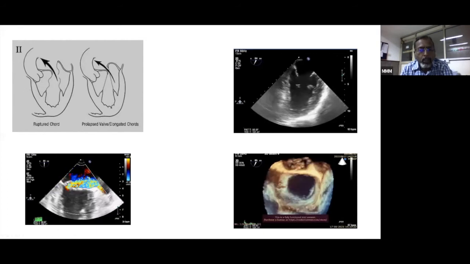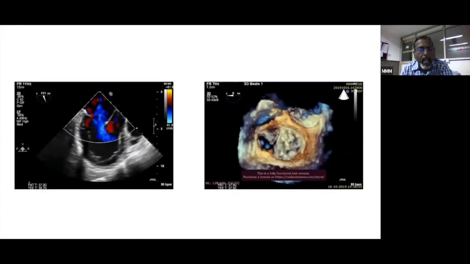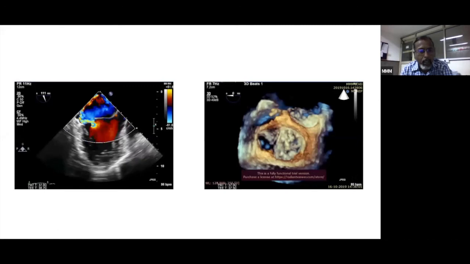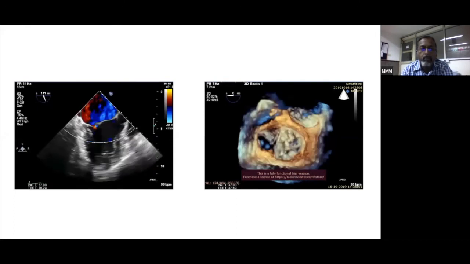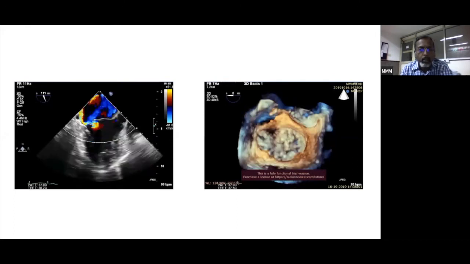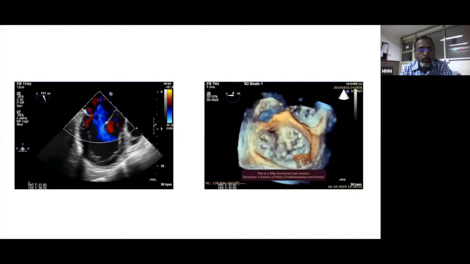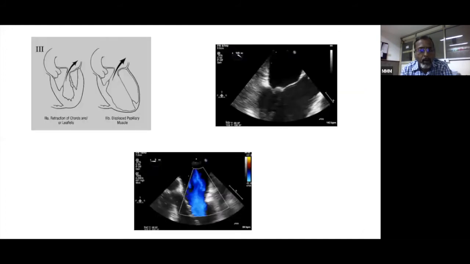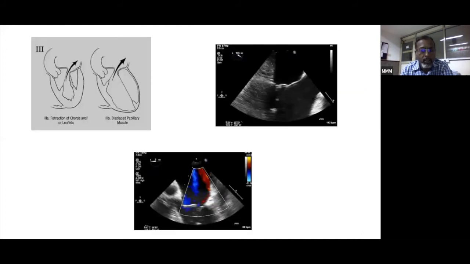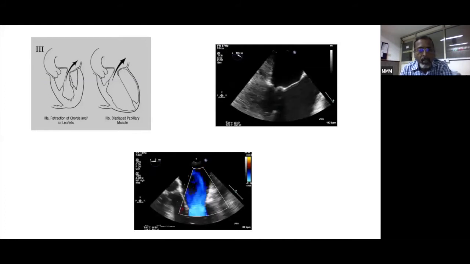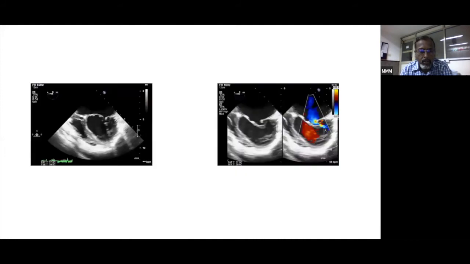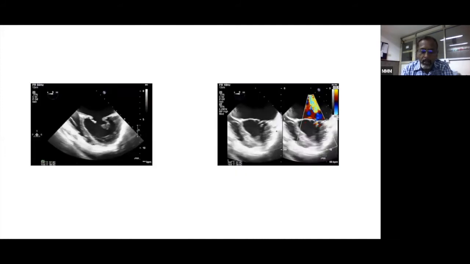This picture shows an A2 prolapse with a correspondingly posteriorly directed eccentric MR jet. In type 3B, you have a restricted PML with an eccentric jet, the restriction during diastole. In type 3A, the restriction is during systole and diastole, with a corresponding central MR jet.